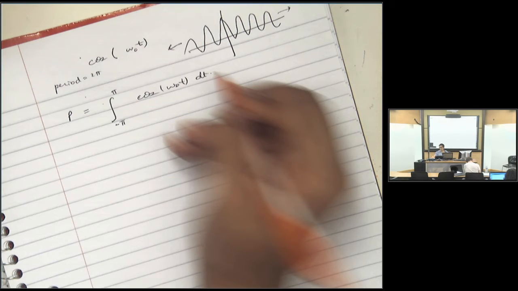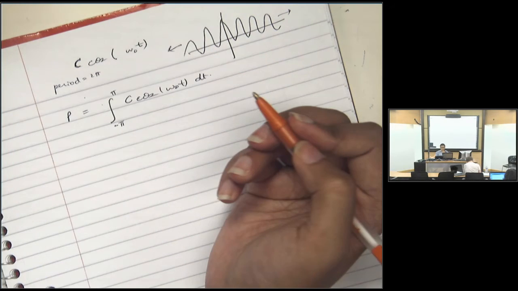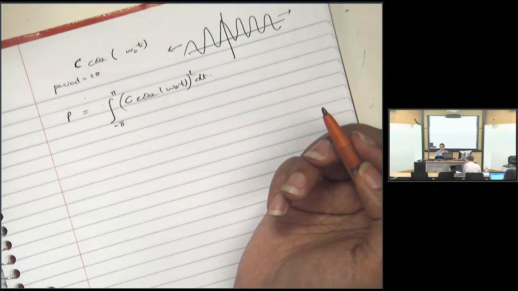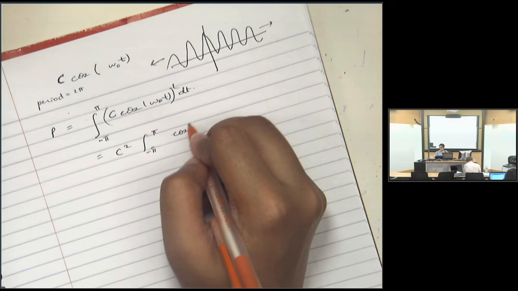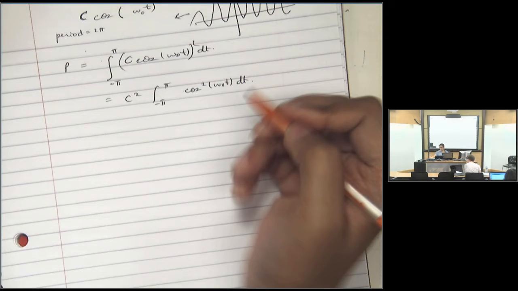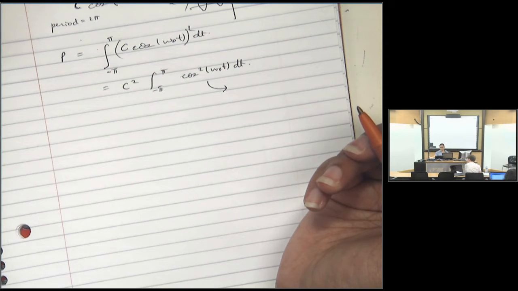And let's say this is scaled with some constant c, so this squared. Now you have c squared outside, and you have cos squared omega naught t dt. Now how will you write cos squared? As a trigonometric identity.